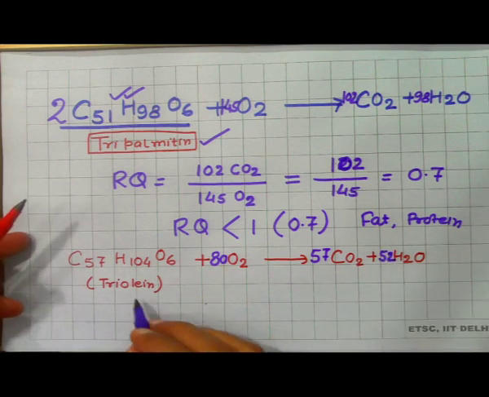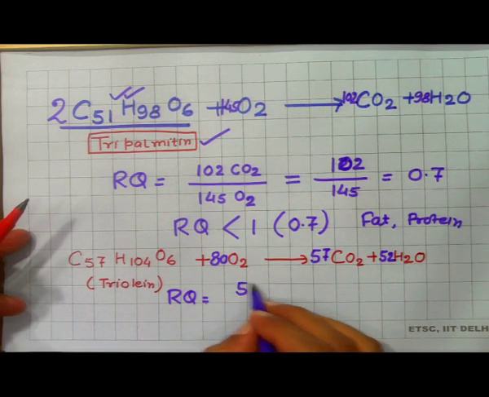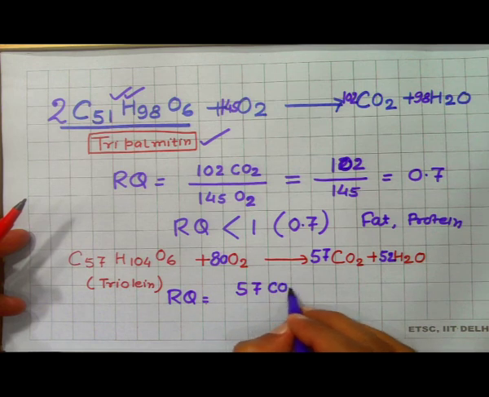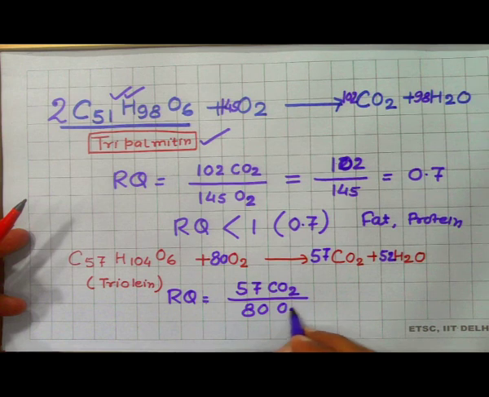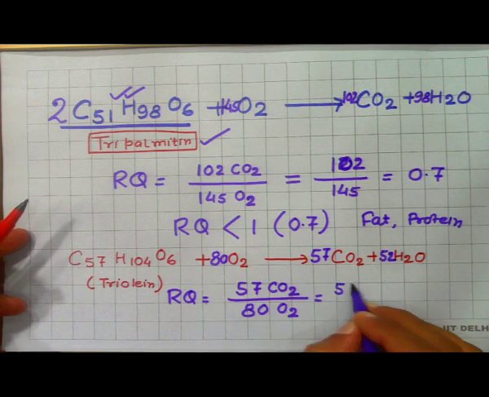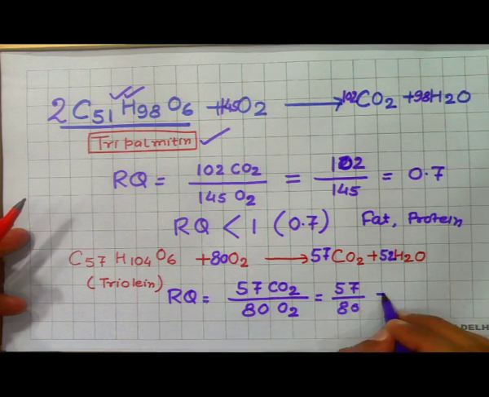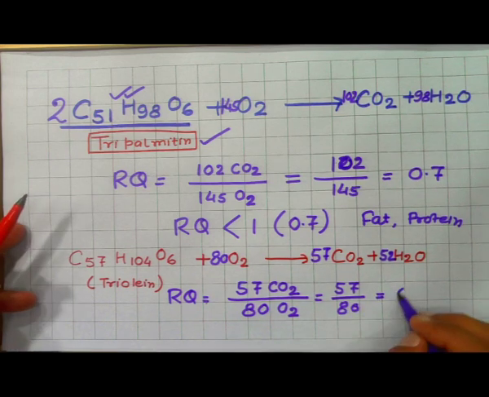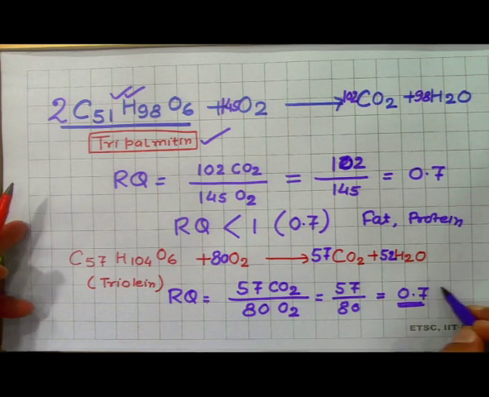Now, the RQ is 57 CO2 divided by 80 O2, that means 57 by 80, which will be 0.7, so that also may be fat or protein.